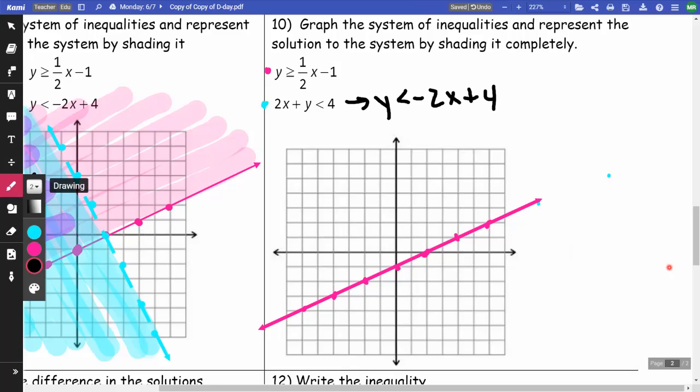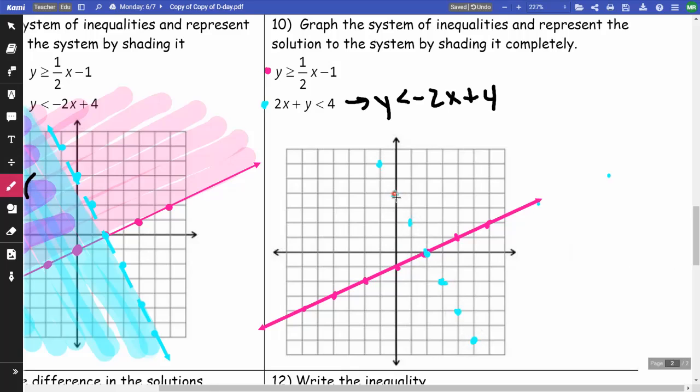So I am going to be starting up at 4, 1, 2, 3, 4. And then I'll be going down 2 over 1.